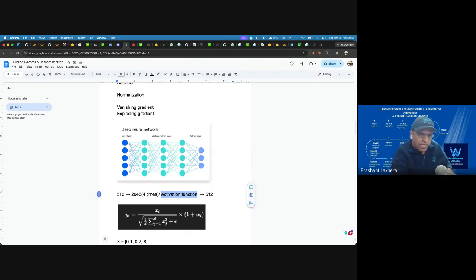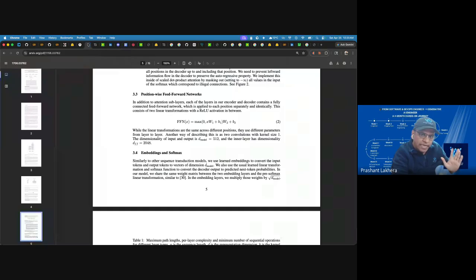So this is how they have done it in the case of the feed forward network. Again, this is my assumption that when they published this paper, they projected it to 4 times. If you see it over here, the d_model is 512 and d_ff, which is the inner layer, had a dimension of 2048. So they came up with this idea. The rest of the world, they just copy pasted it.